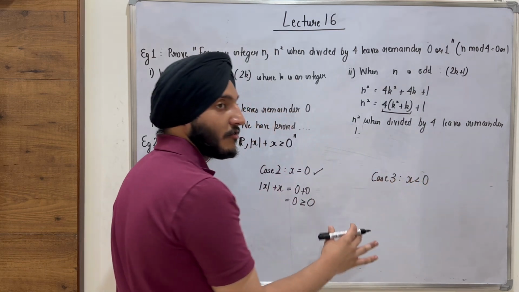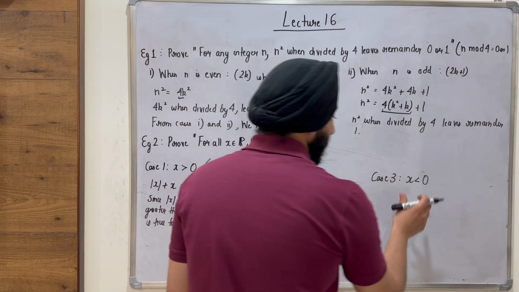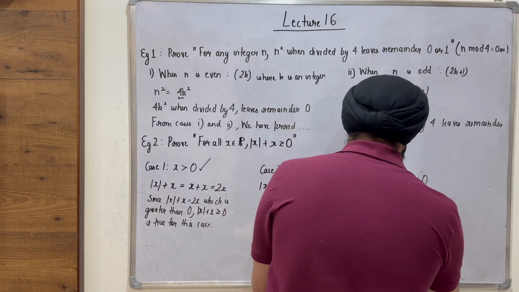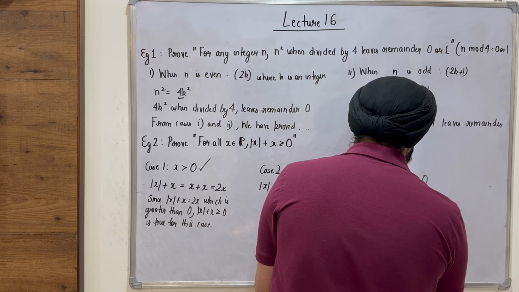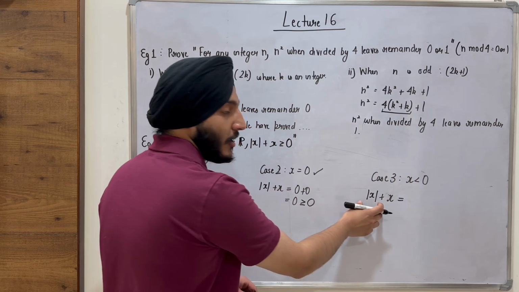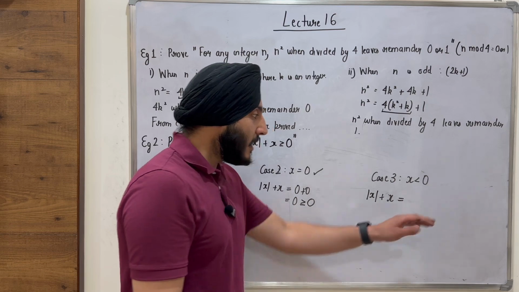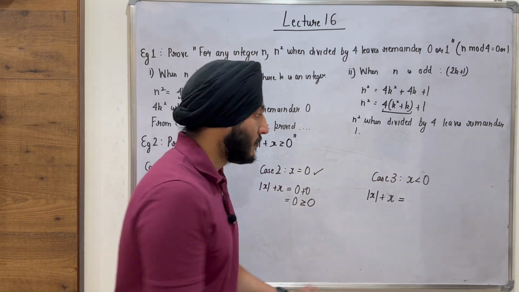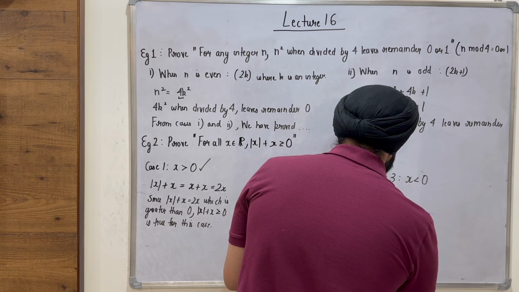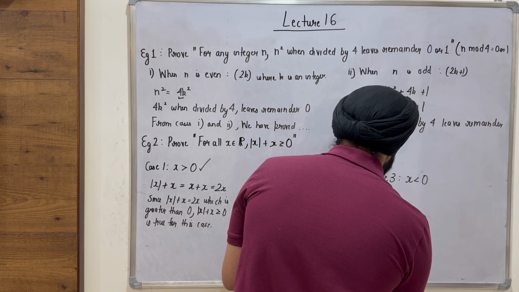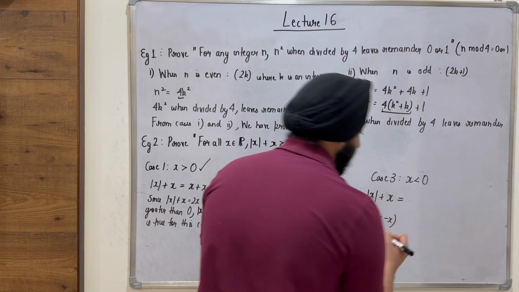Now this is the most interesting case in this example. When x is less than 0, then the absolute value of x plus x, what would it be, right? Since I've been given that x is less than 0, then it has to be that the absolute value of x is actually the negative of the value x.